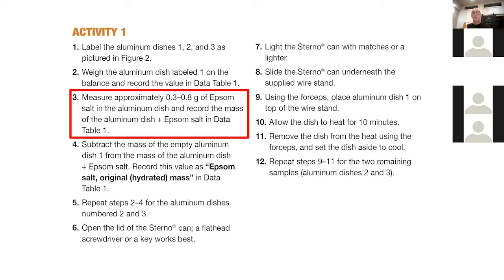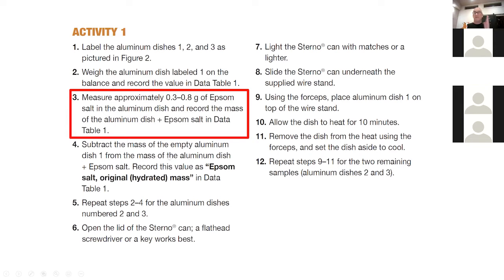If you have way more salt than that, it's going to take a lot longer to drive all the water off, and so you may underestimate how much water is actually there, because you may not have gotten rid of all of it. And with too little, the difference in mass will be so small that you won't get a very accurate result. So the sweet spot for this experiment is around 0.5 gram, plus or minus about 0.2 grams.